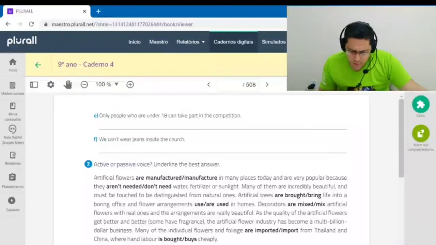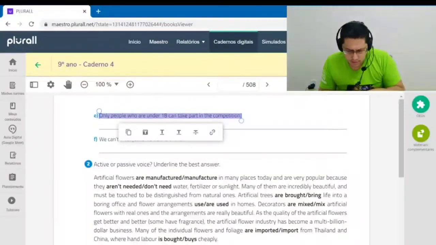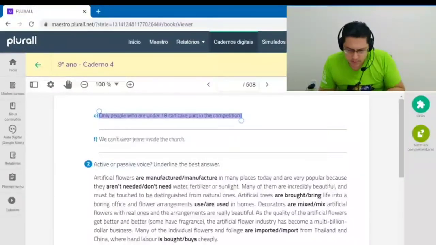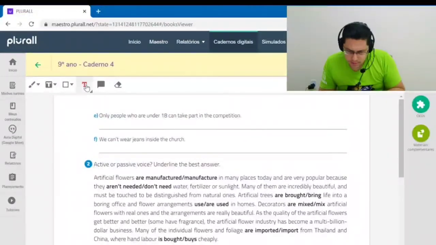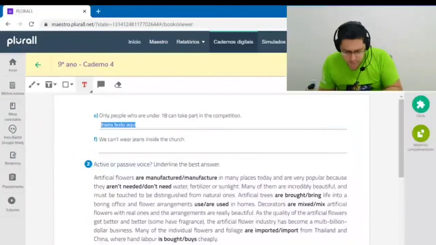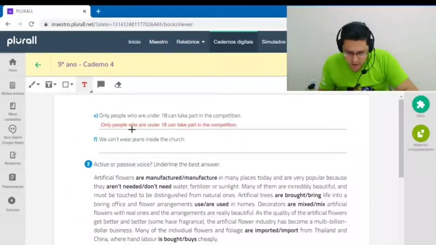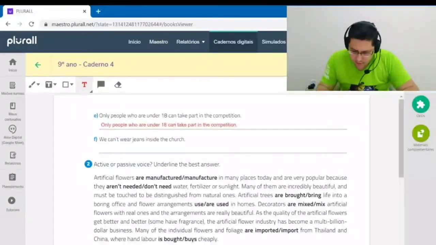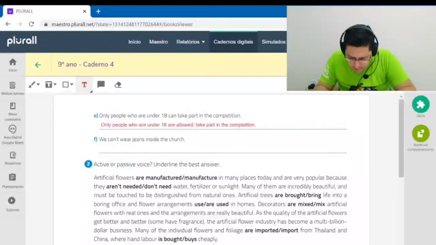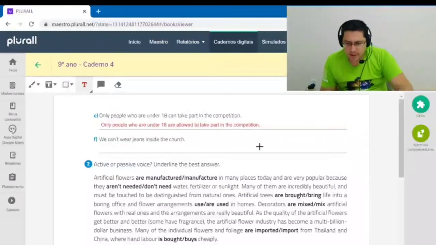Only people who are under 18 are allowed to take part in the competition.